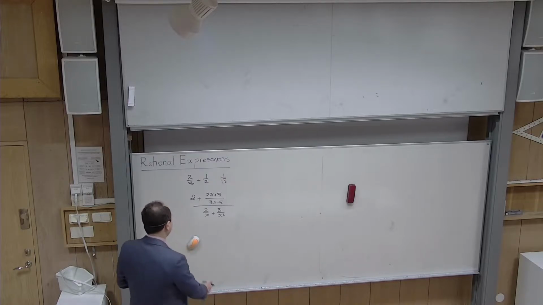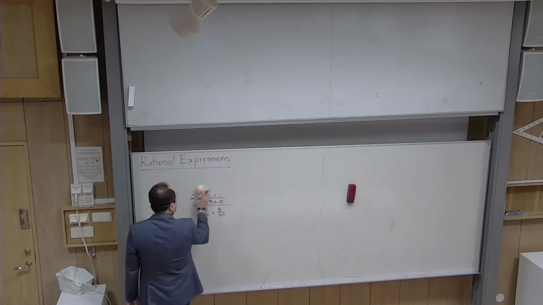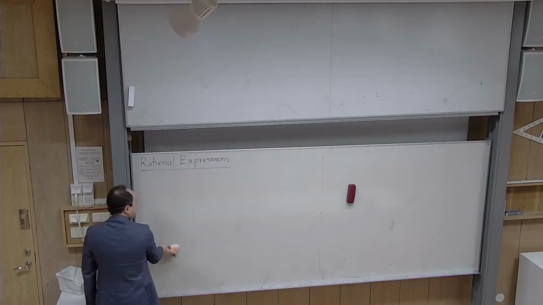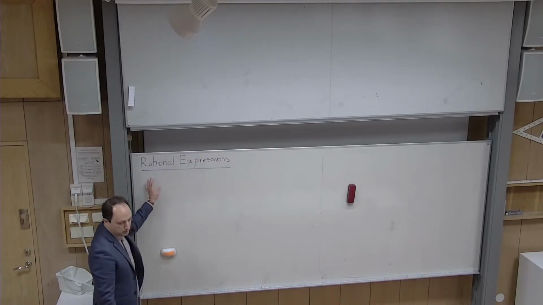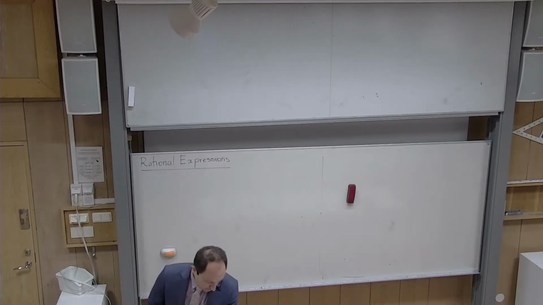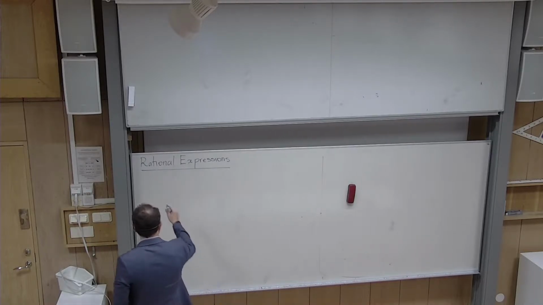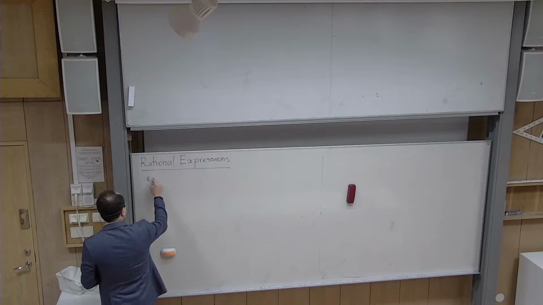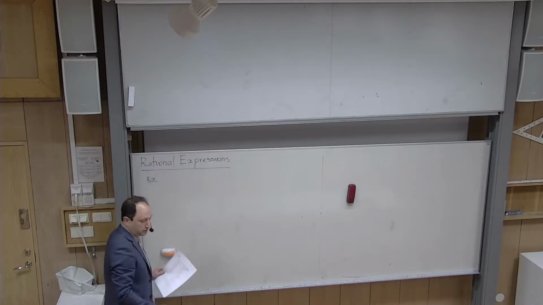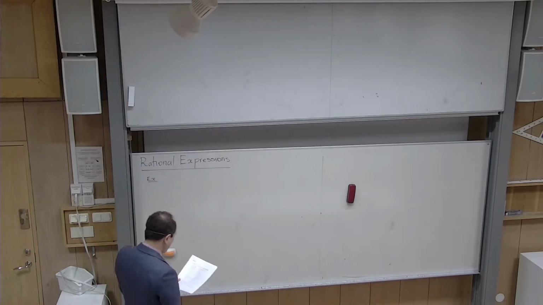Exactly like that. Okay, so the first thing that I want you to learn well is how to simplify. So I will start writing examples. Simplify, example. And I always mean in the domain of the variable involved, even though I do not mention it.